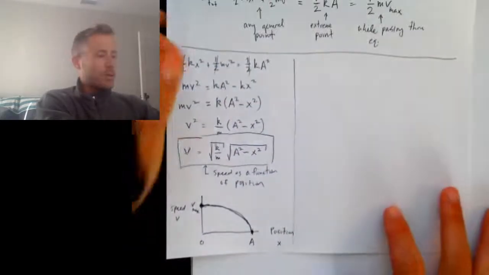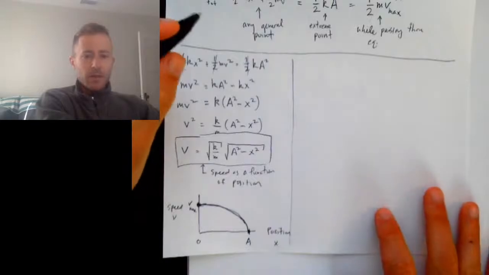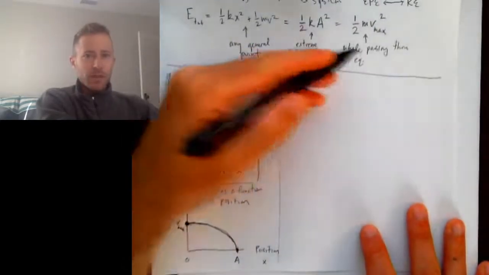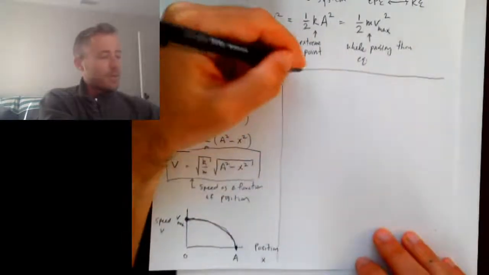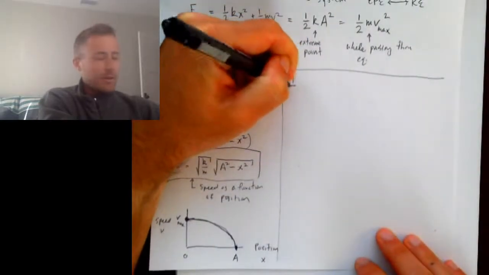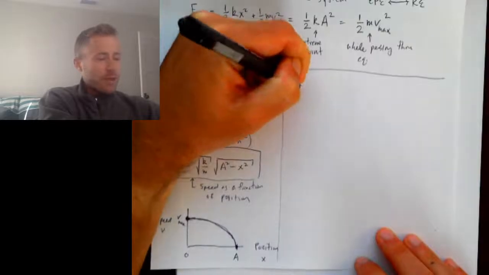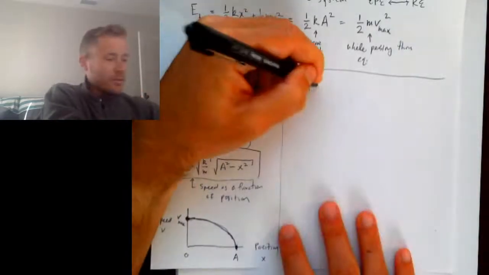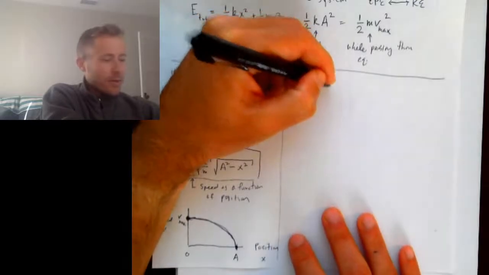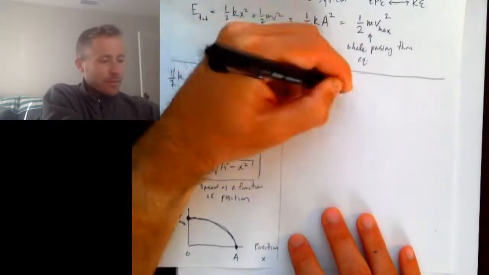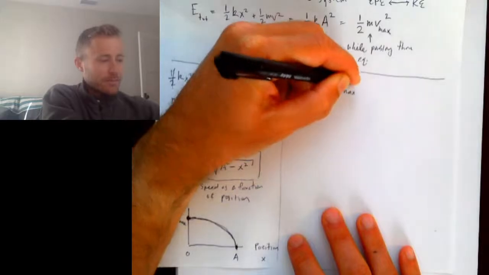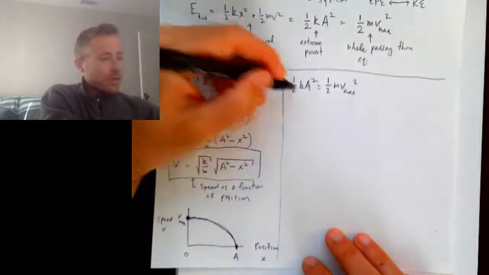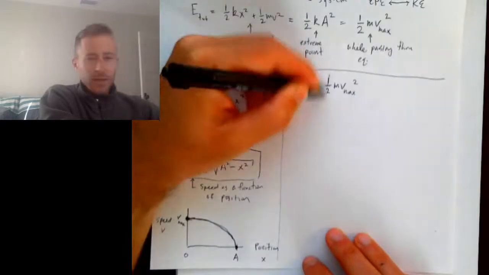We could get another equation by setting the energy at the extreme point equal to the energy while passing through equilibrium. So we could say 1/2 ka squared equals 1/2 mv max squared. All right. And so once again, the 1/2s cancel out.